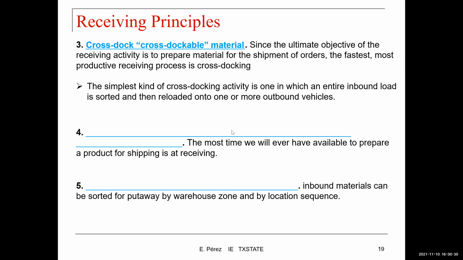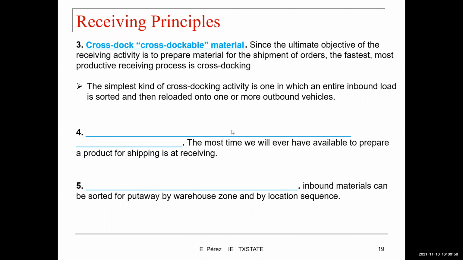Cross-dock material. Since the ultimate objective of the receiving activity is to prepare material for shipment of orders, the fastest, more productive receiving process is cross-docking. The simplest kind of cross-docking activity is one in which an entire inbound load is sorted and then reloaded onto one or more outbound vehicles.